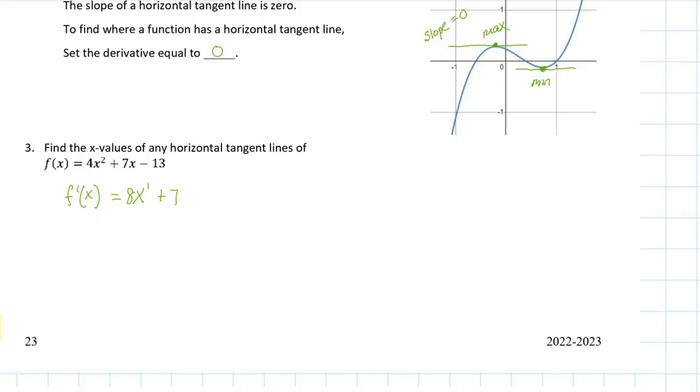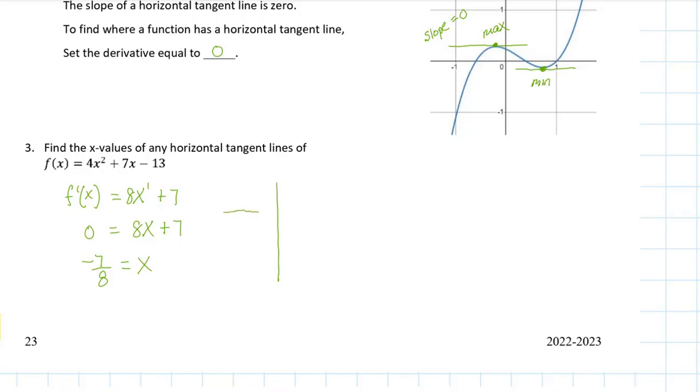I want to find out when this derivative is equal to 0. So I'm going to set it equal to 0, 8x plus 7. To solve this, I'm going to subtract 7 and divide by 8. Negative 7 divided by 8 equals x. So if I were to graph that particular parabola, I would find that at the bottom of that parabola, okay, so draw a little picture here, and I don't know how far down that thing goes.